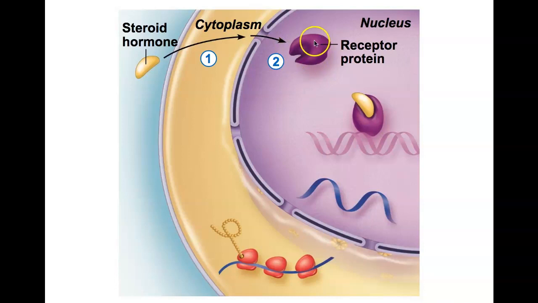So once this specific receptor receives the specific hormone, it's going to bind to it, and it's even sometimes going to change the shape or the structure of this protein, and then that protein is going to be able to go find a very specific site on the DNA.